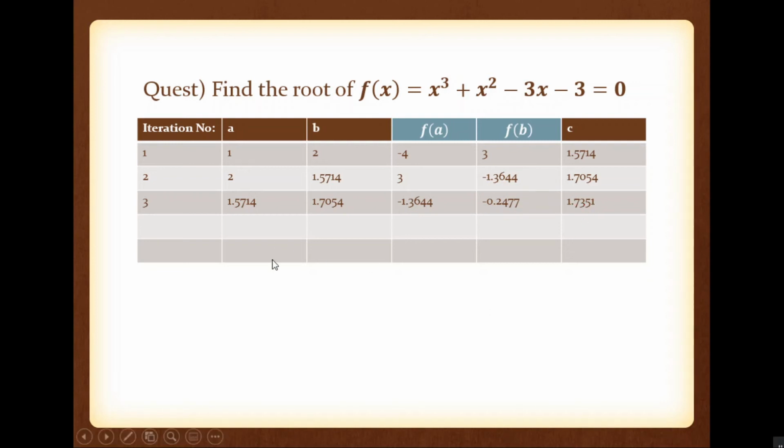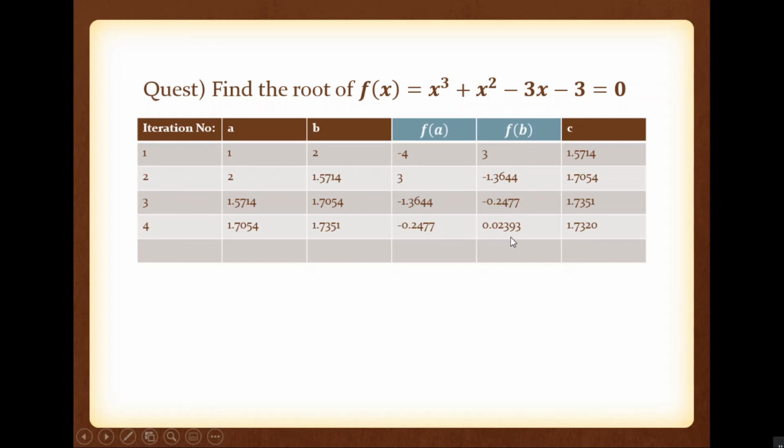For the fourth iteration, the values are: A is 1.7054, the previous B taken as the new A, and the previous C value is taken as the new B, 1.7351. Now f of A is minus 0.2477.